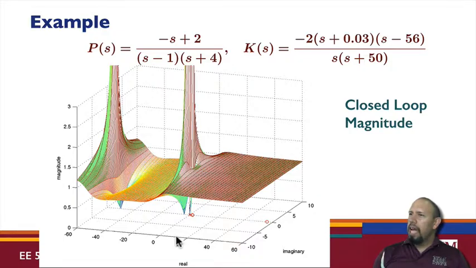If I look at the closed loop now, the closed loop poles and zeros, I can see that I will have a 0 at the origin and a 0 at this value, but the poles are strictly in the left half plane, and so the magnitude in the right half plane of this transfer function is finite. Okay, it's strictly finite.